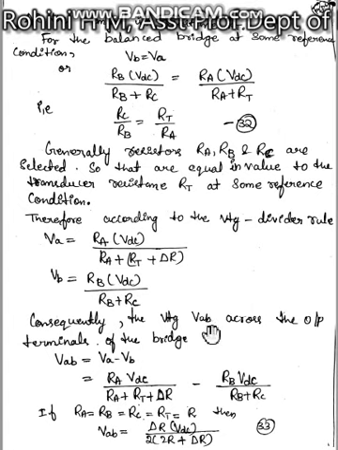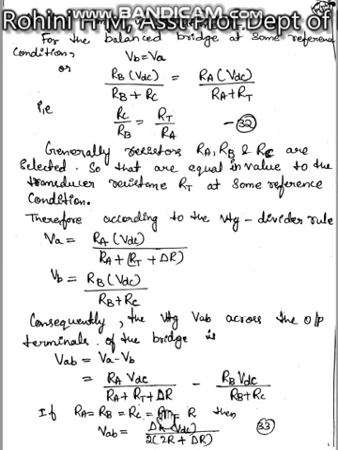Consequently, the voltage VAB across the output terminal of the bridge is written as VAB equal to VA minus VB. So VA is RA into VDC divided by RA plus RT plus delta R, minus VB, this expression.